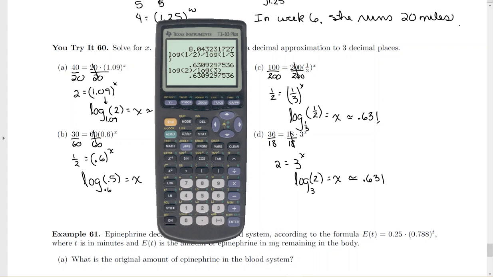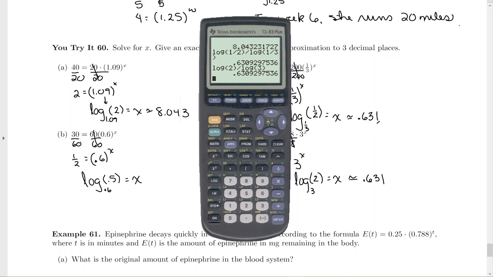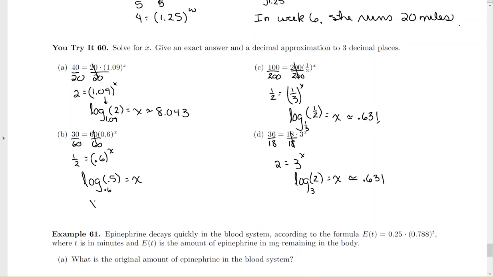So with the calculator, log 0.5 divided by log, oops, got to have it as log, not natural log here, 0.6. So about 1.3569, but that 6 is going to bump up to 7, so 1.357.